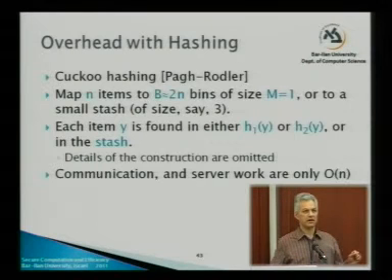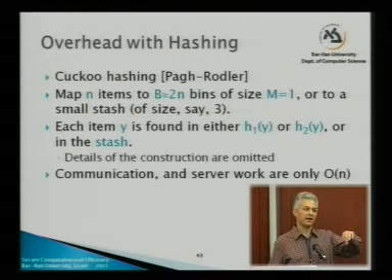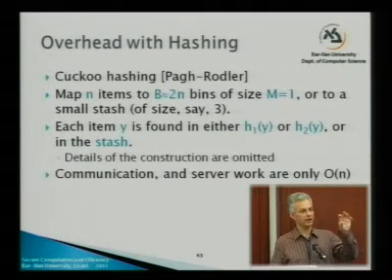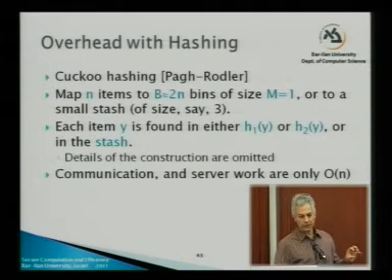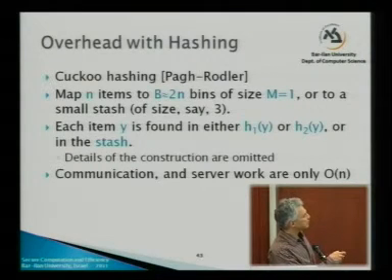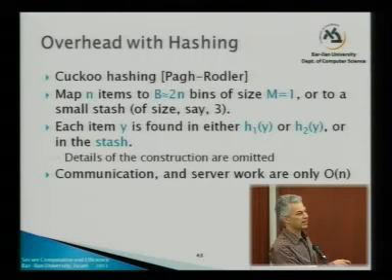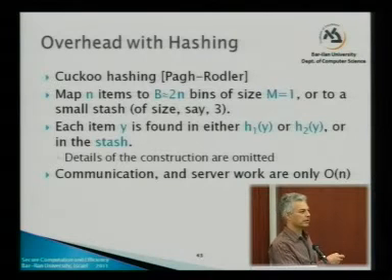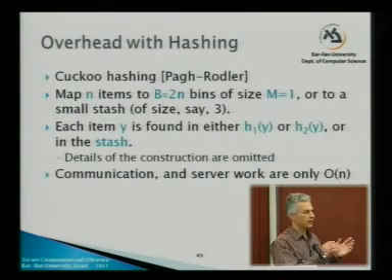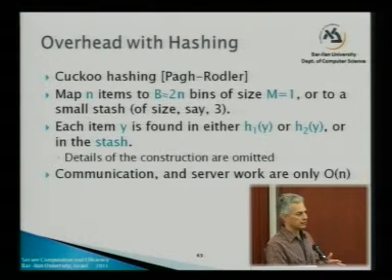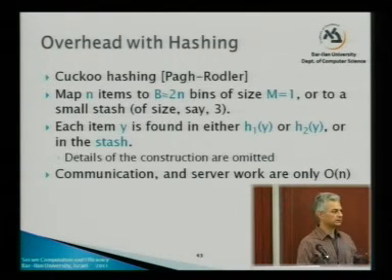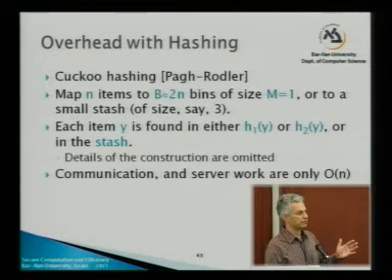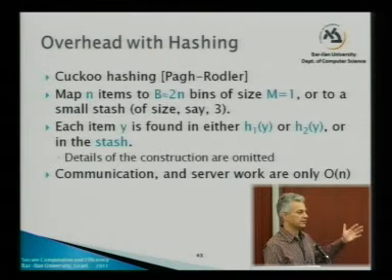So an item can be found either in bin h1 of x or in bin h2 of x, or in another place which we call the stash, which can be of small size, say size 3. For a stash of size 3, the probability of the functions not working is n to the power of minus 3. So if you're willing to have this probability of a bad event be n to the minus 10, we need a stash of size 10.